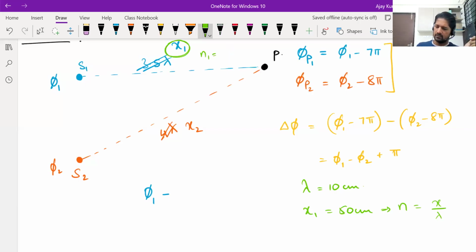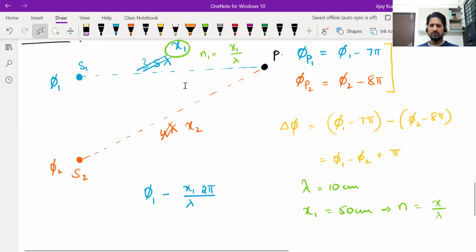Then you can tell what is the phase difference. For each wavelength, the phase difference is 2 pi. Then for these many wavelengths, it will be this many into 2 pi. So phi 1 minus x1 by lambda into 2 pi.